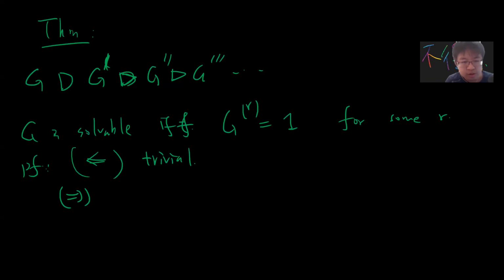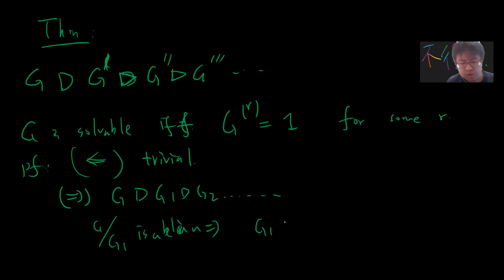The reason is that suppose you have this kind of series. Then G quotient G1 is abelian, which means that G1 will contain the commutator group G prime.